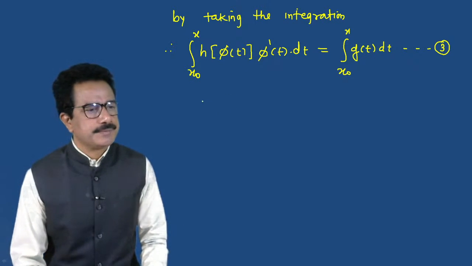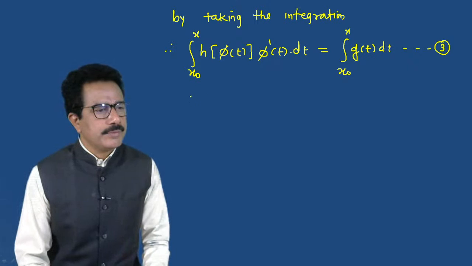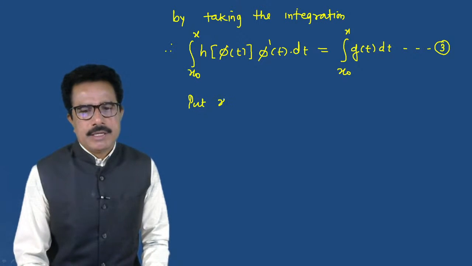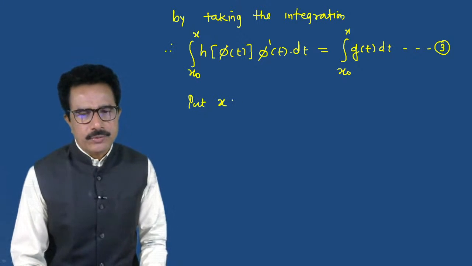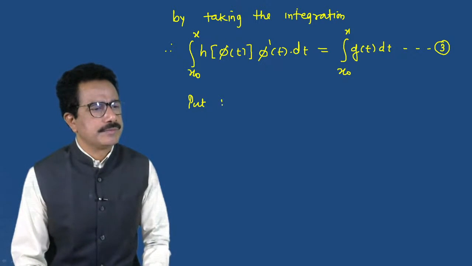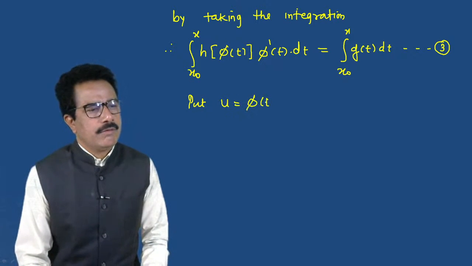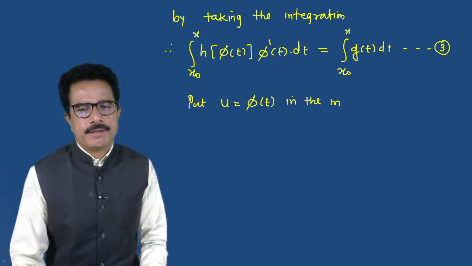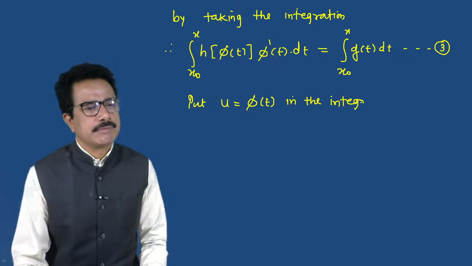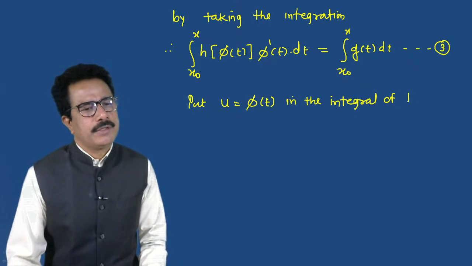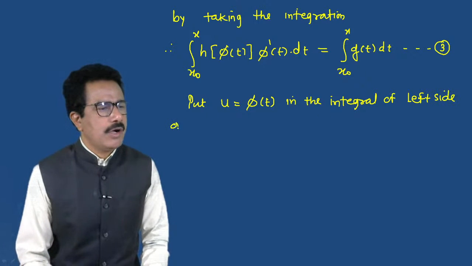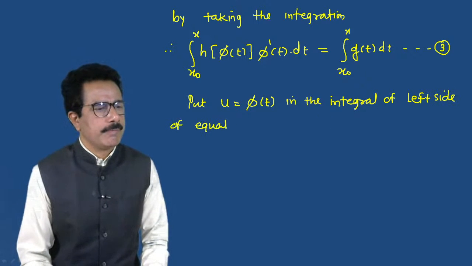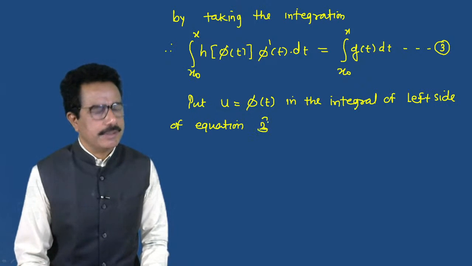So put u is equal to phi of t in the integral on the left side of equation 3.